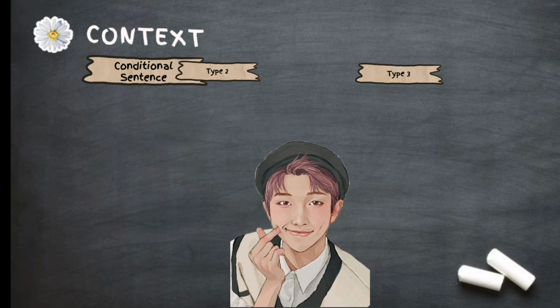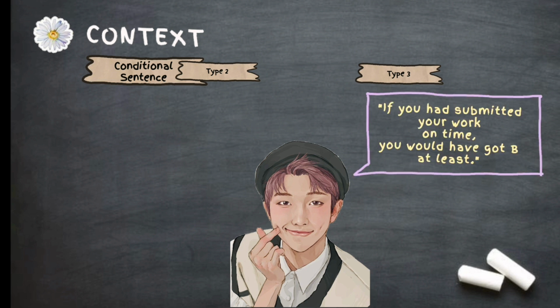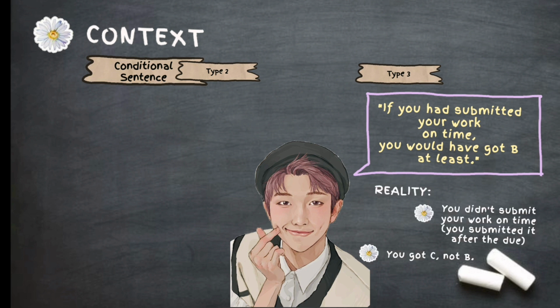Meanwhile, for type 3, at the moment your teacher is speaking with you, maybe it is the time when you get your study report. Maybe it's on June 28th, and your teacher says, "If you had submitted your work on time, you would have got B."